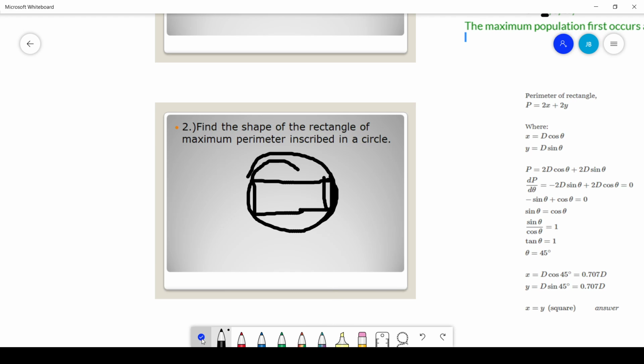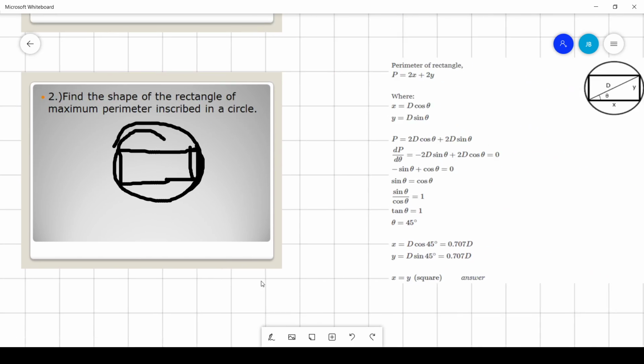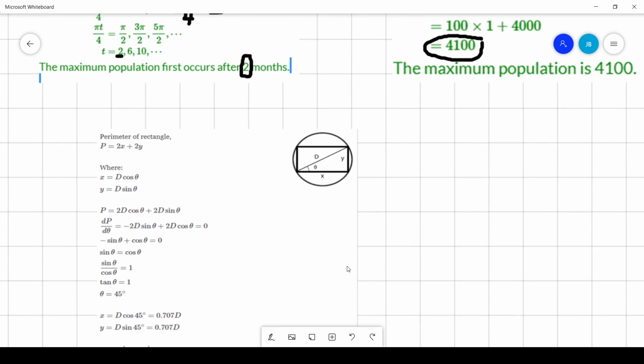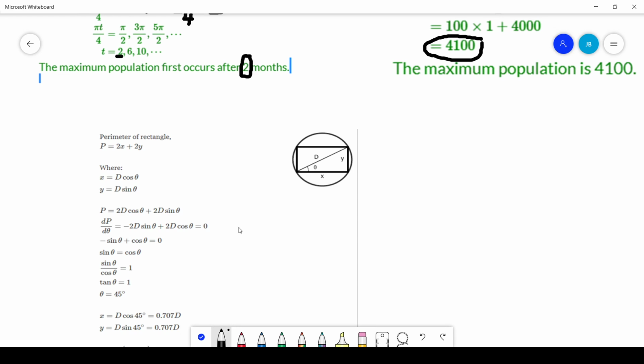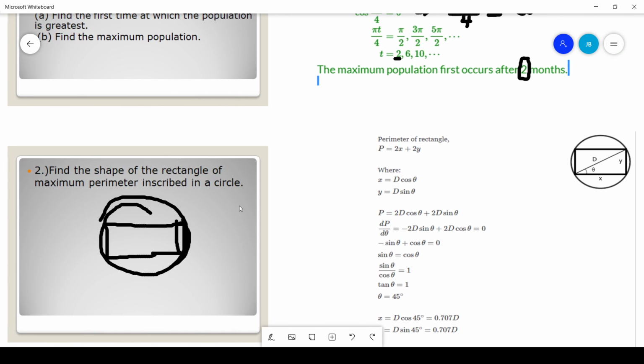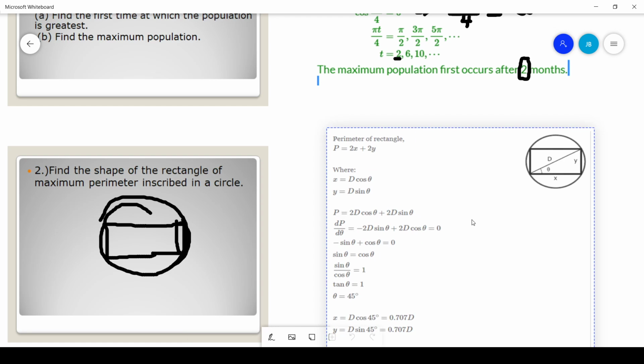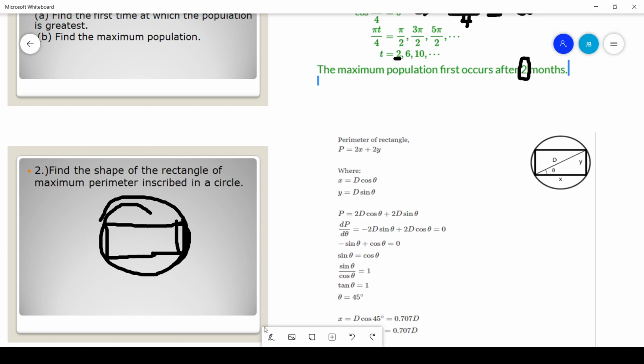Okay, to have a very good drawing, let's go here para mas masabtan. So you are going to find the perimeter of a rectangle, since the question here is a rectangle of maximum perimeter inscribed in a circle. So what shape makes the maximum perimeter? What is the perimeter of a rectangle?